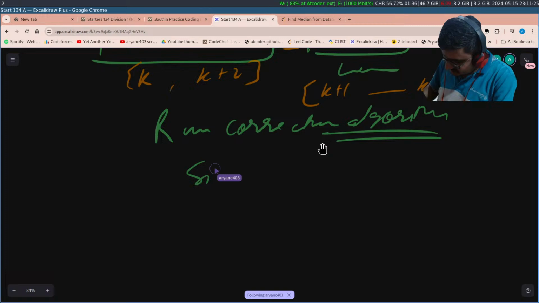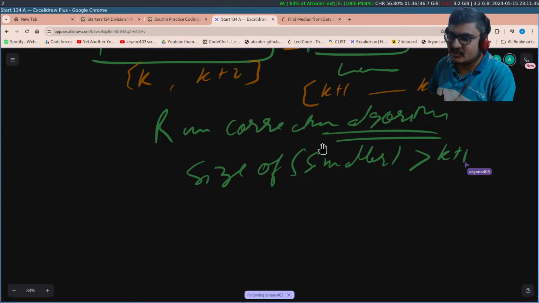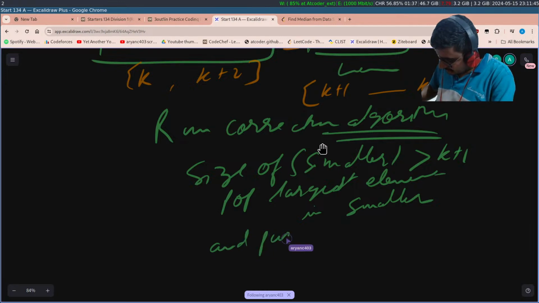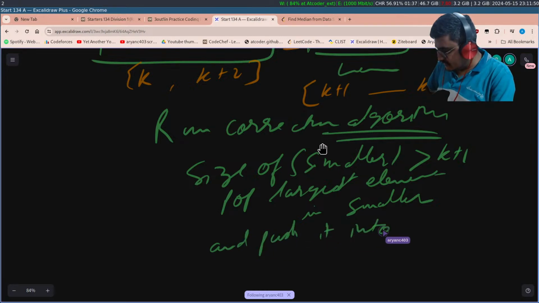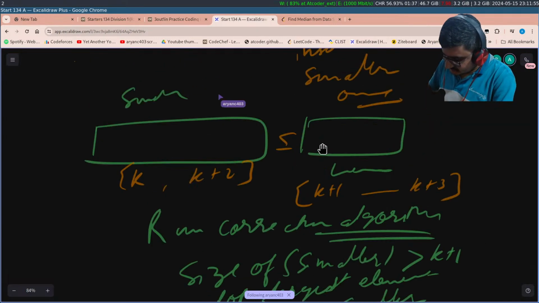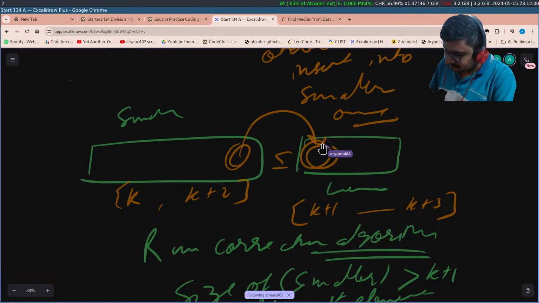As long as the size of smaller is greater than K plus 1, as long as there are X elements, pop the largest element in the smaller priority queue and push it into the larger queue. So the idea is, all the X elements which are there, move them from here to here. How many X elements do we need?